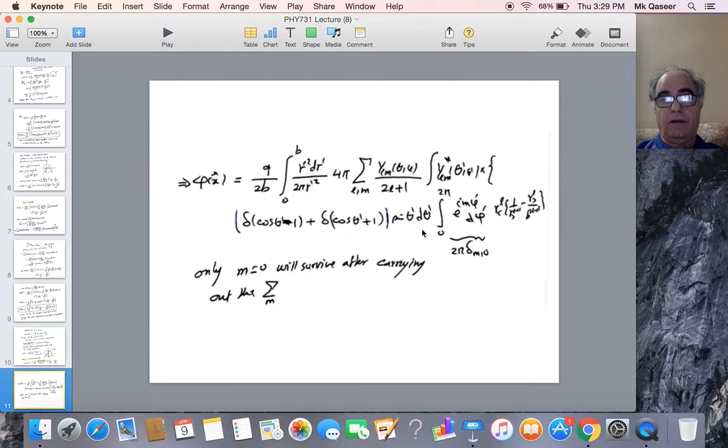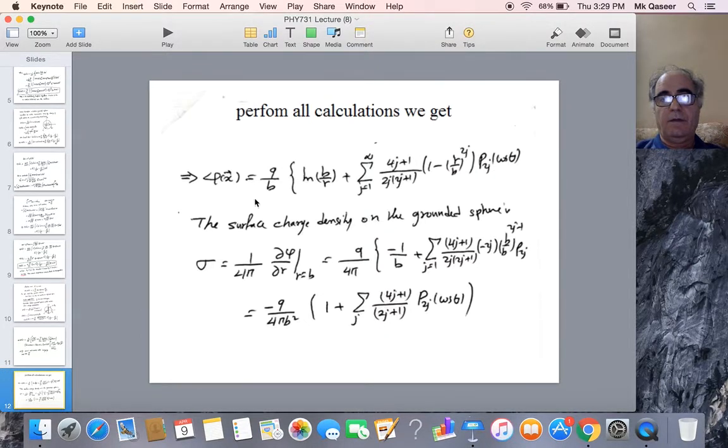Again, you first do this integral over d phi prime, which means that m equals 0 will survive when we run the sum over m. Now doing all the calculations, we finally reach this phi.